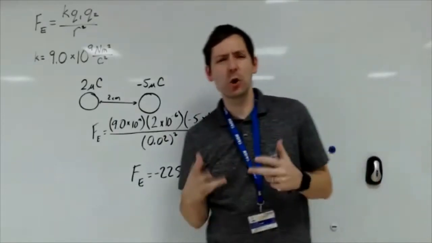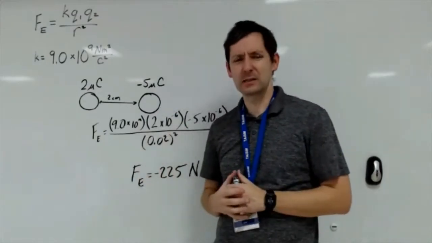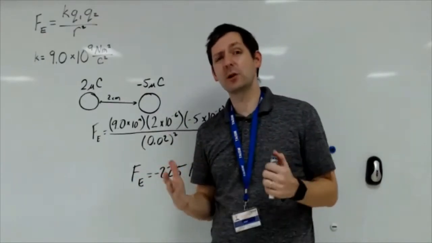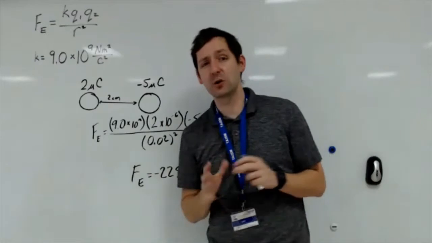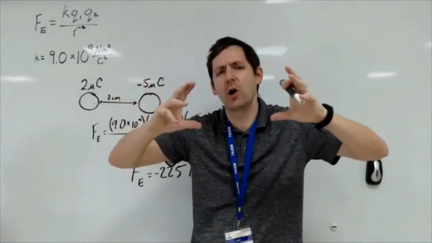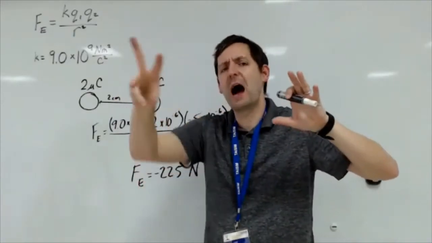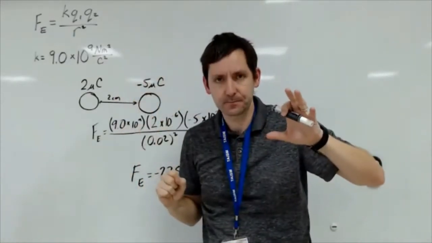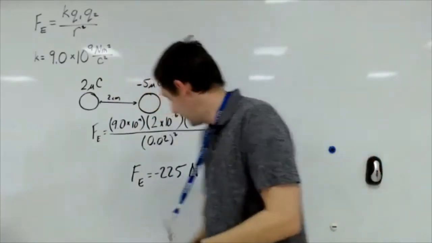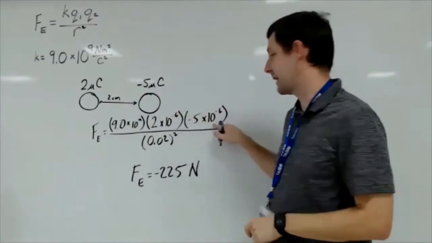Now, that's Coulomb's law. That's the force. But where do fields come into this? Well, we can do a similar thing to what we did for gravitational fields. We said, I can have the gravitational force, but I want to know what the influence of this object is without a second object there. So let's just take out that second object.